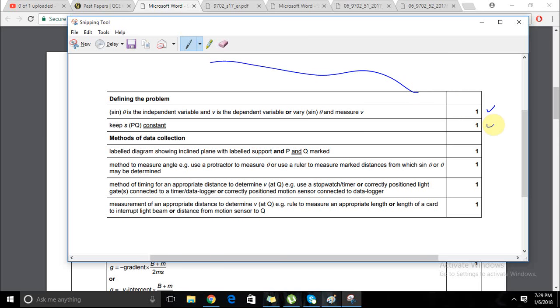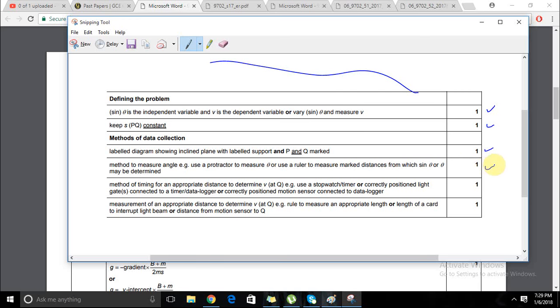And methods of data collection. Labeled diagram showing inclined plane with labeled support and P and Q marked, definitely. And method to measure angle, for example, a protractor to measure theta, or use a ruler to measure marked distances from which sine theta or theta may be determined, so basic trigonometry.